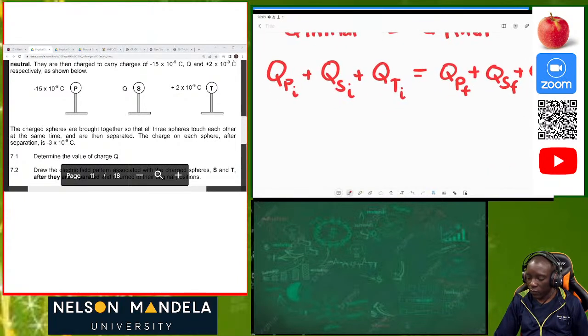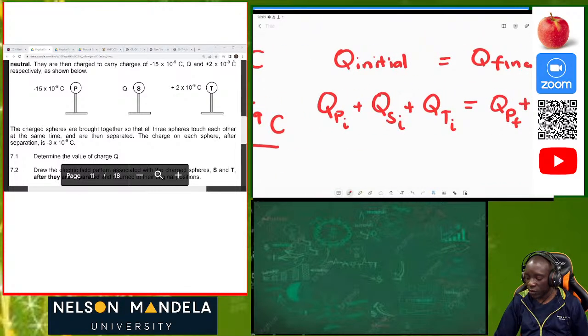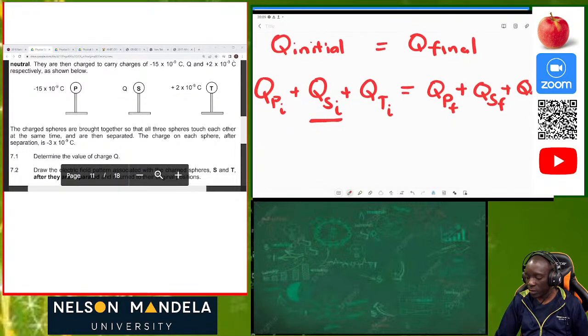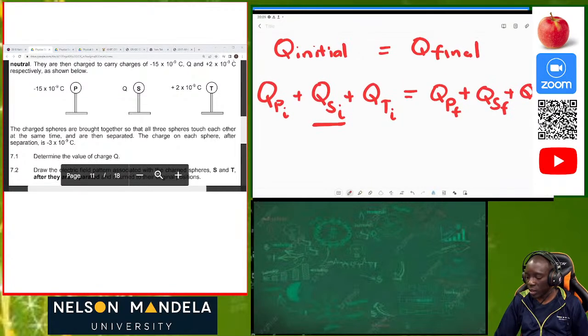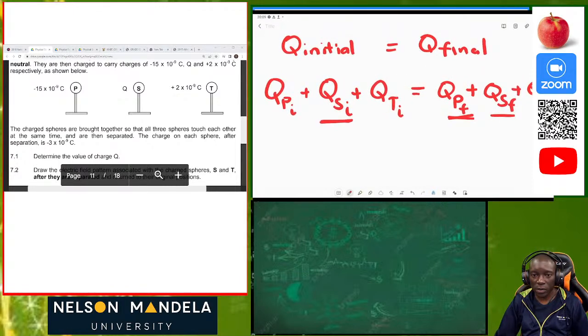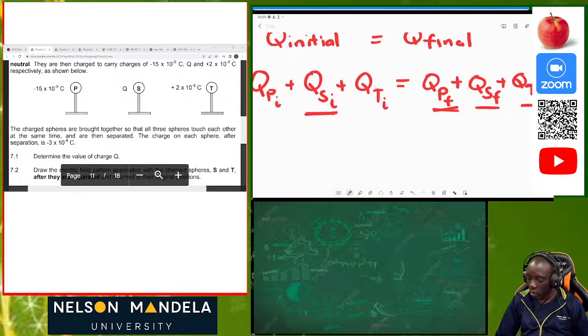So now the charge for P initially is -15. The charge for S, we don't know, is what we need to find. It's only given as Q, which is what we need to determine. The initial charge for T is +2 times 10 to the -9. And we know the final charges for each are equal, at -3 times 10 to the -9 coulombs. So you already have an expression.